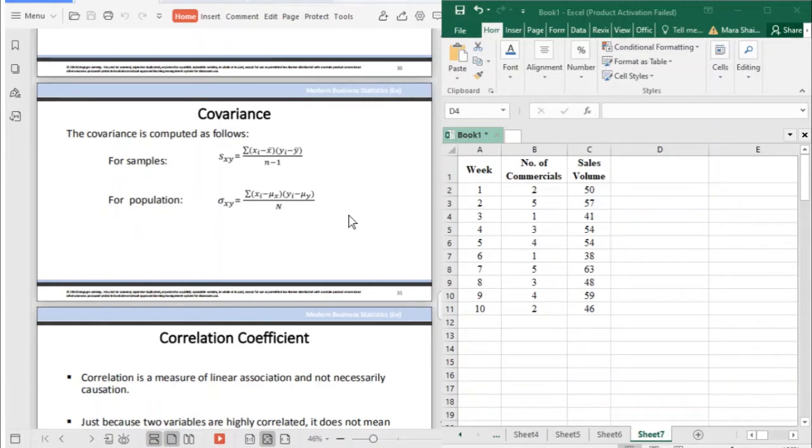For a sample, the symbol is S with subscript XY, and for a population, it is the fancy sigma with subscript XY.